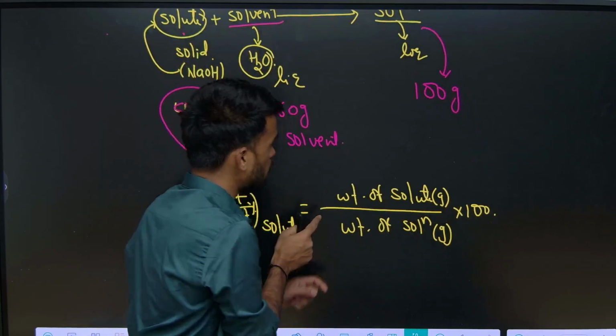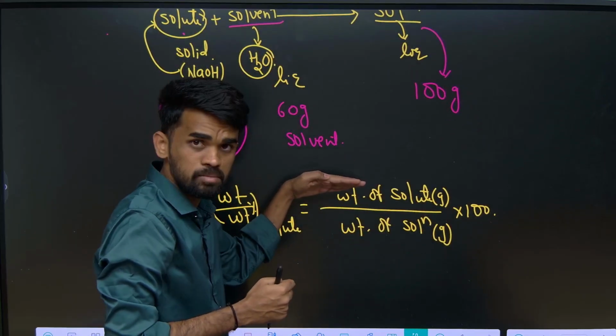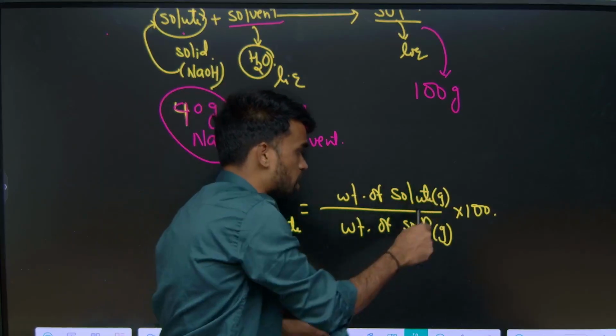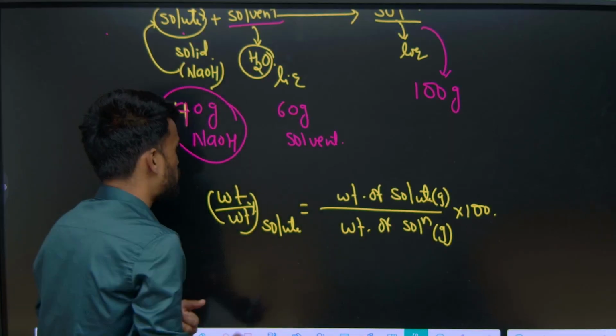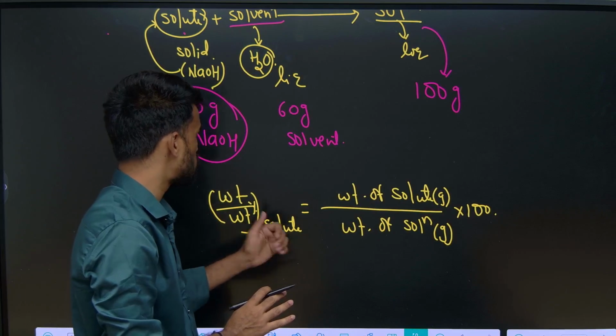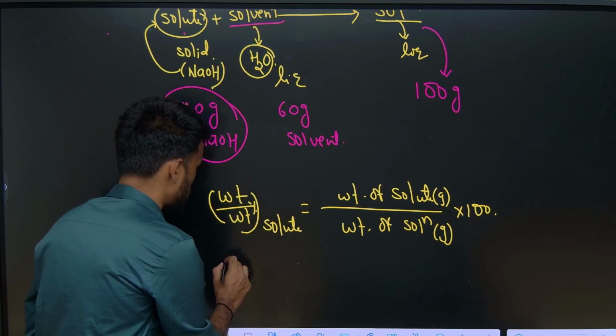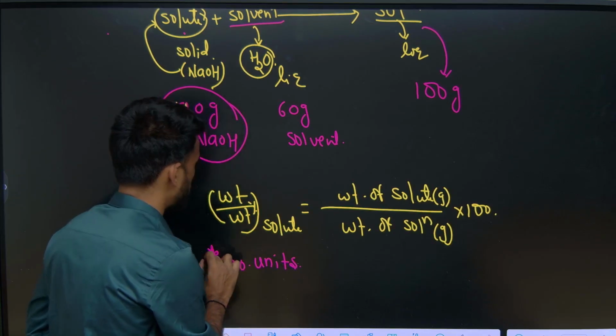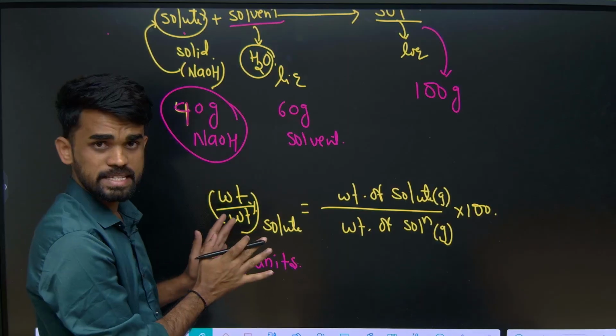See, in the numerator it is grams, and in the denominator it is also grams. So grams cancel, and weight by weight percentage is a unitless quantity. There are no units for weight by weight percentage. You have to remember this. I hope this is clear, right?